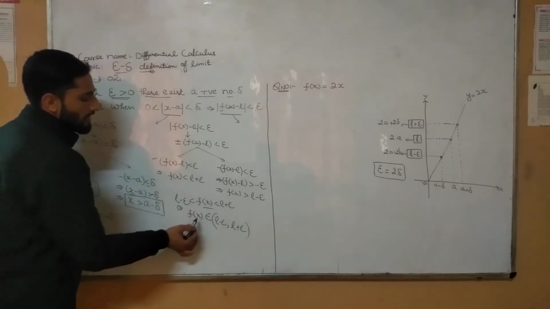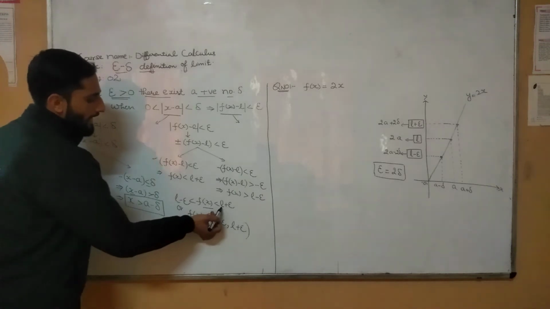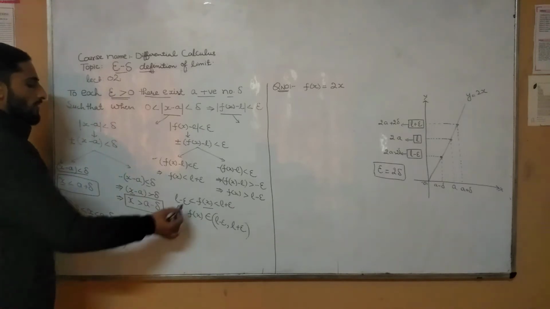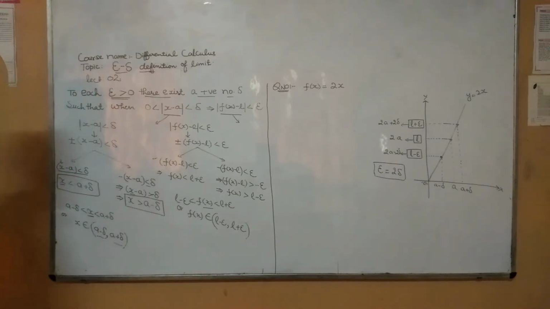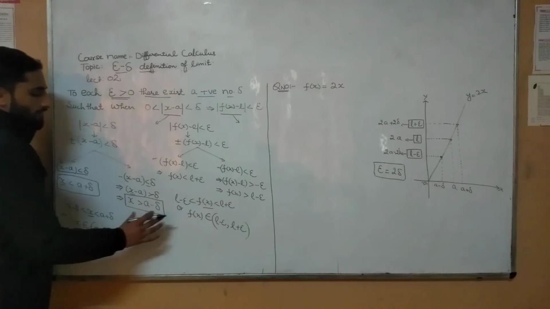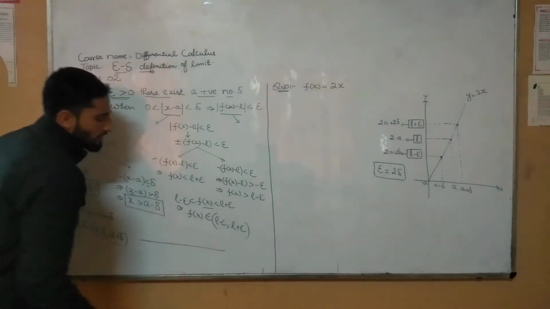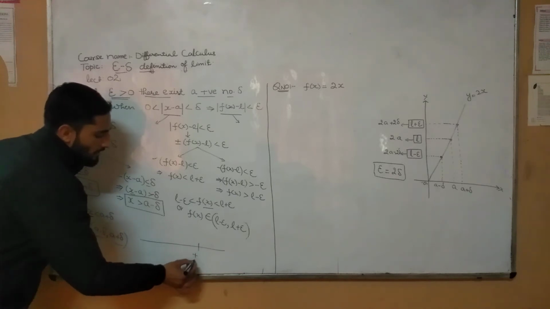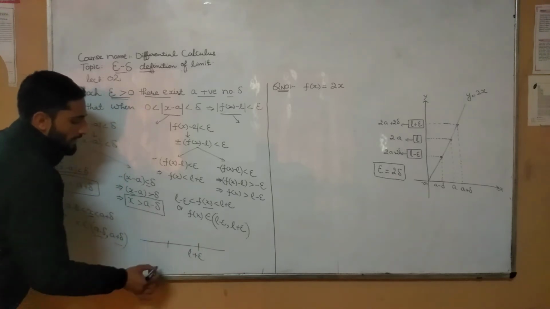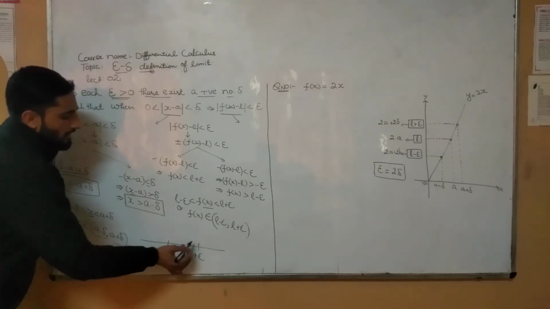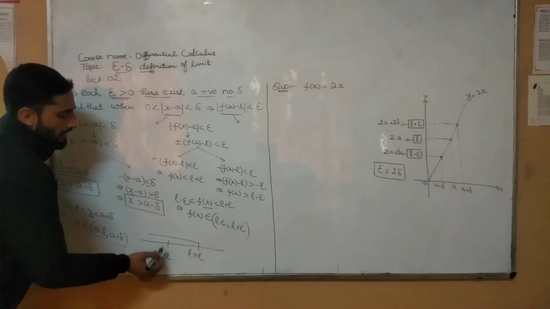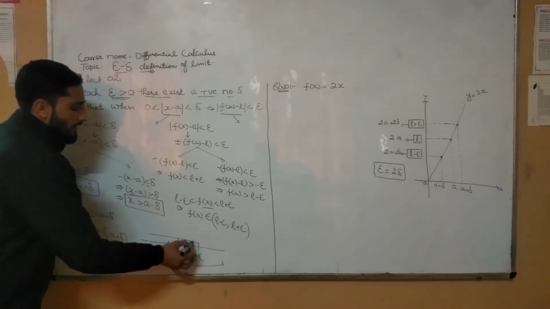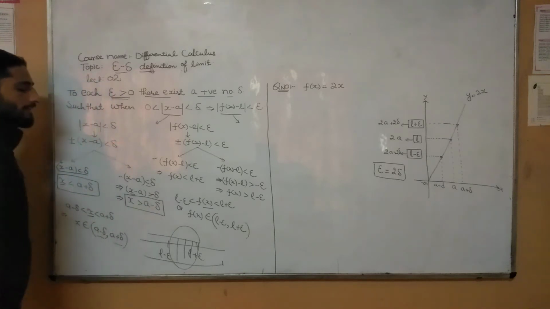The range of the function will be less than L plus epsilon and greater than L minus epsilon. Simply we can also show here L plus epsilon and L minus epsilon, less than shown here and greater than shown here. So we will see this is the common part in which the function lies.